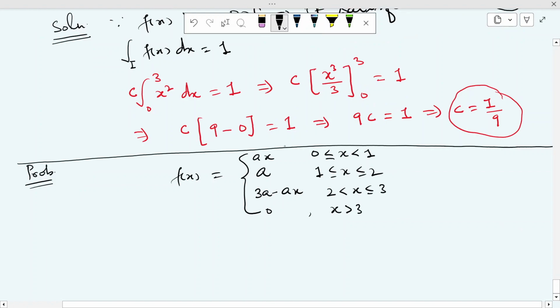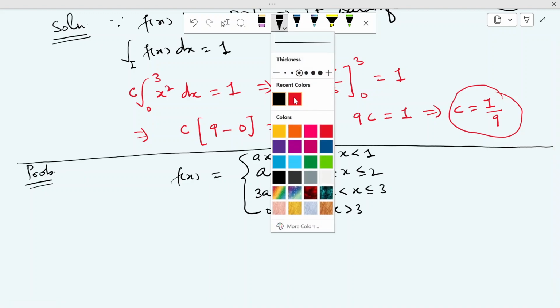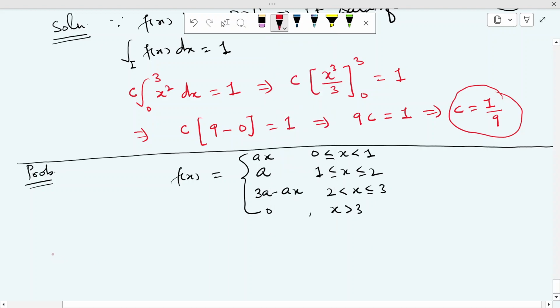So you can see from this definition that in order to get a clear understanding, you can consider this as a real line, and on this real line you are having from 0 to infinity, because you can see that it is defined from 0 to infinity. This is not defined from minus infinity to 0, because you can see that it starts from 0 to 1.